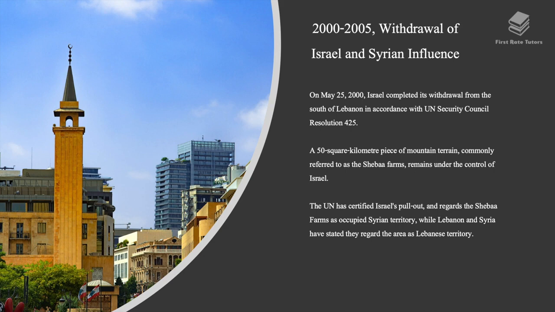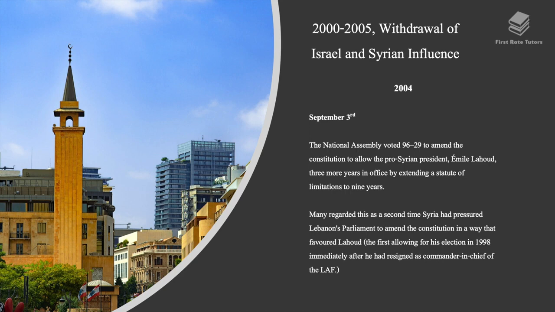A 50 square kilometer piece of mountain terrain, commonly referred to as the Shebaa Farms, remains under the control of Israel. The UN has certified Israel's pullout and regards the Shebaa Farms as occupied Syrian territory, while Lebanon and Syria have stated they regard the area as Lebanese territory.